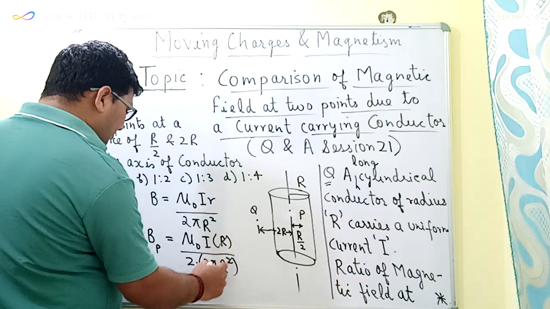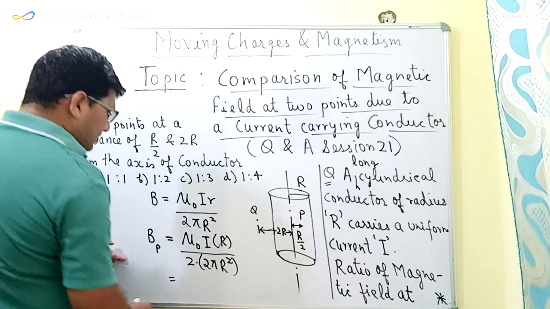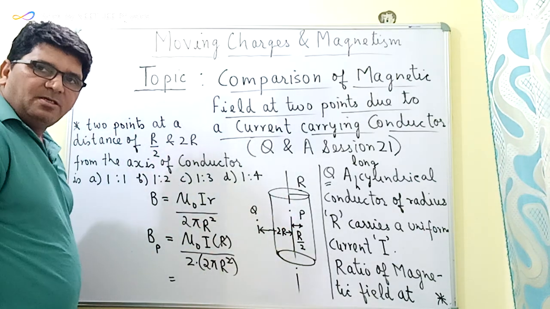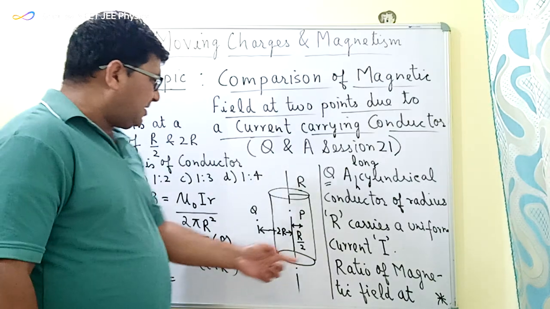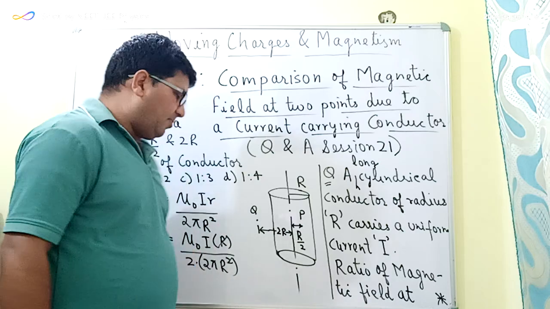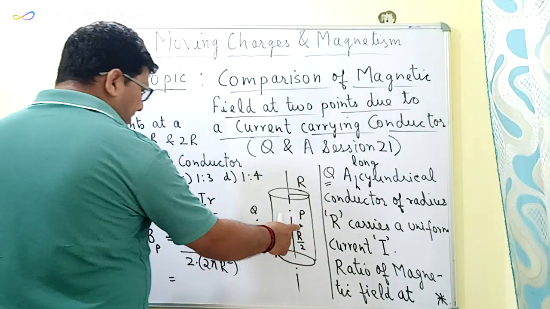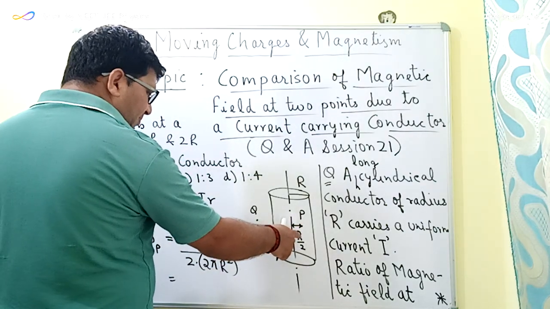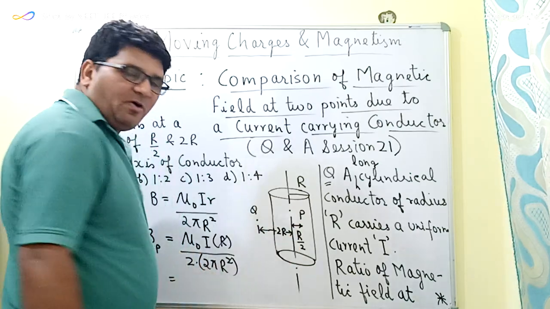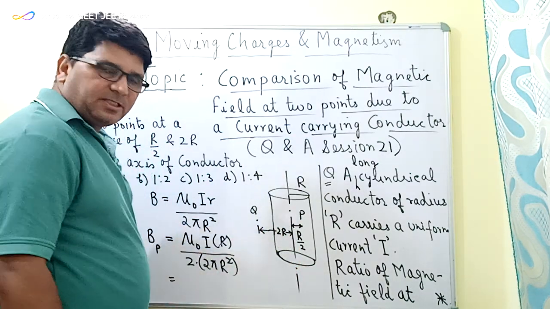From here the r and R will get cancelled out, and finally the magnetic field at this point P, which is lying inside the current carrying conductor, where the current flowing is uniform, is at a distance of r by 2 from the axis, so it lies inside the conductor.